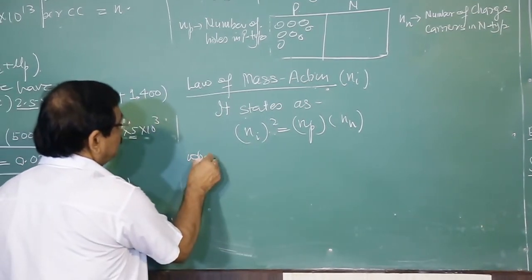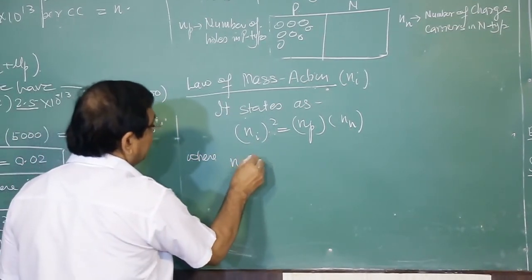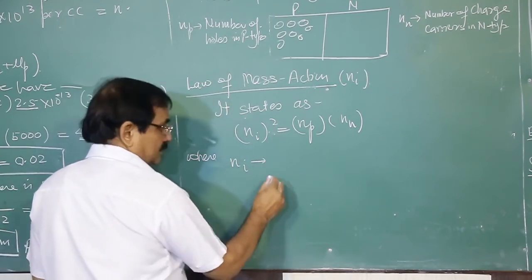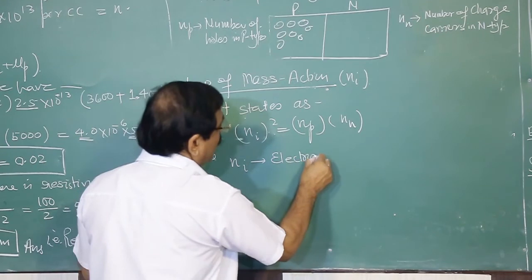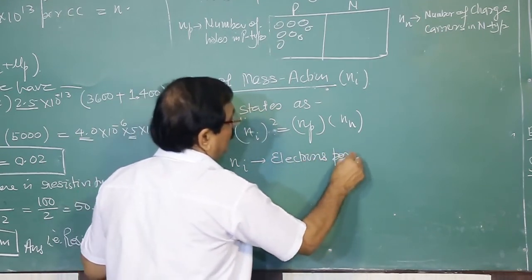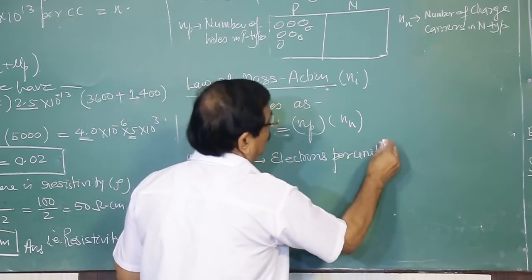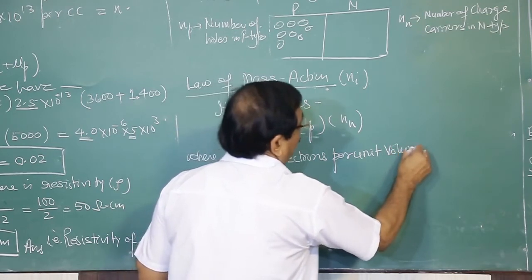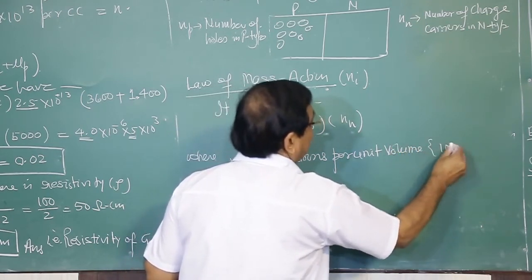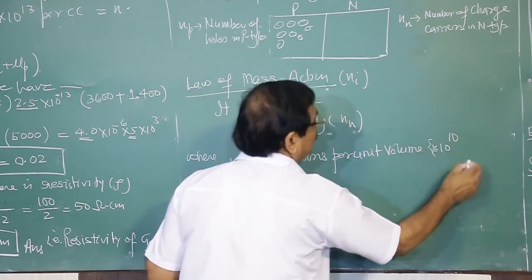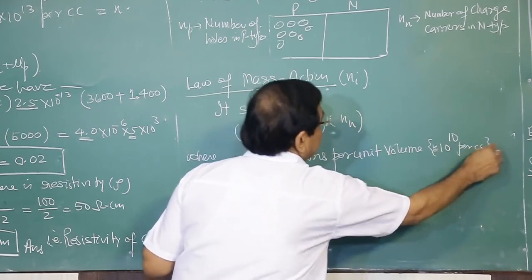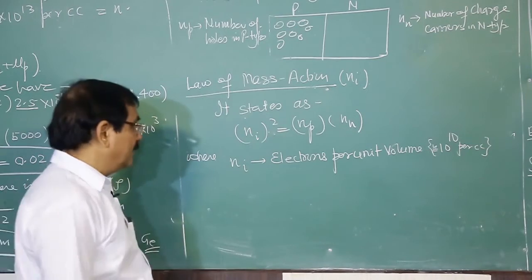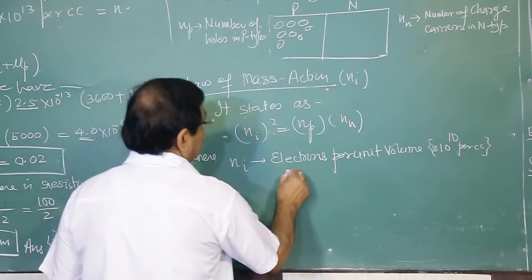Where Ni is the charge carrier, electrons per unit volume, approximately 10 to the power 10 per cc in a semiconductor.